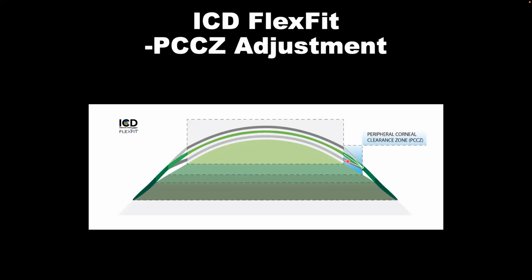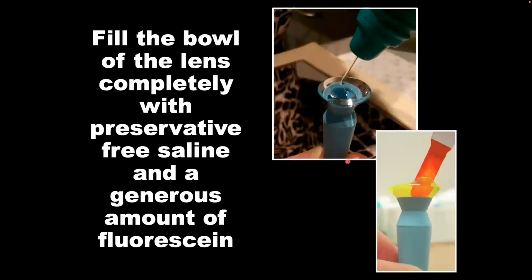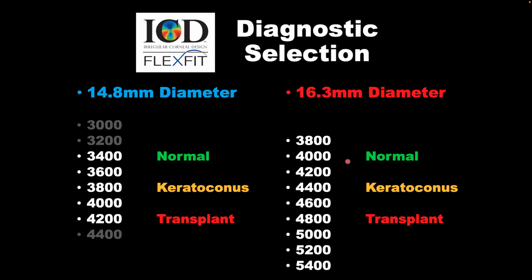Because if we go back to the fitting set, if we are doing a 4200 and you need to change the peripheral zone curve by 200 microns, you might as well go to the 4400 because you're already gaining those 200 microns at central clearance, and it will maintain the relationship between all the zones, right?